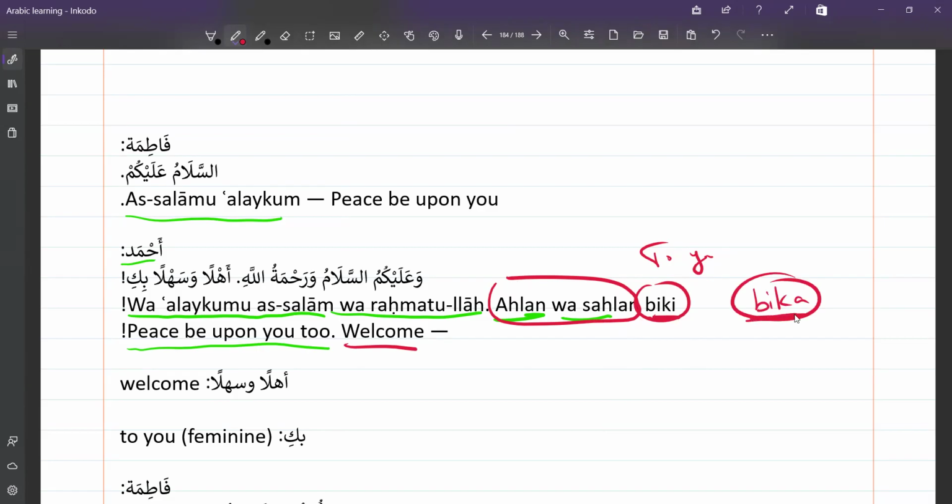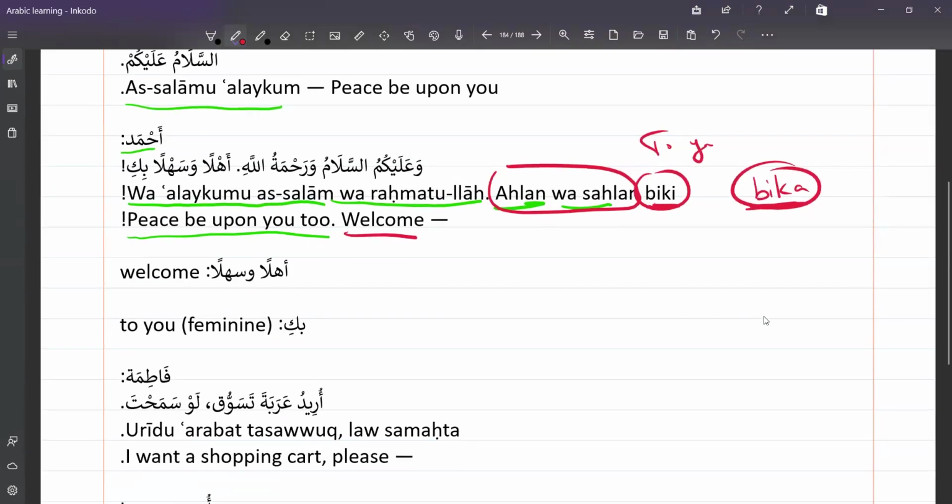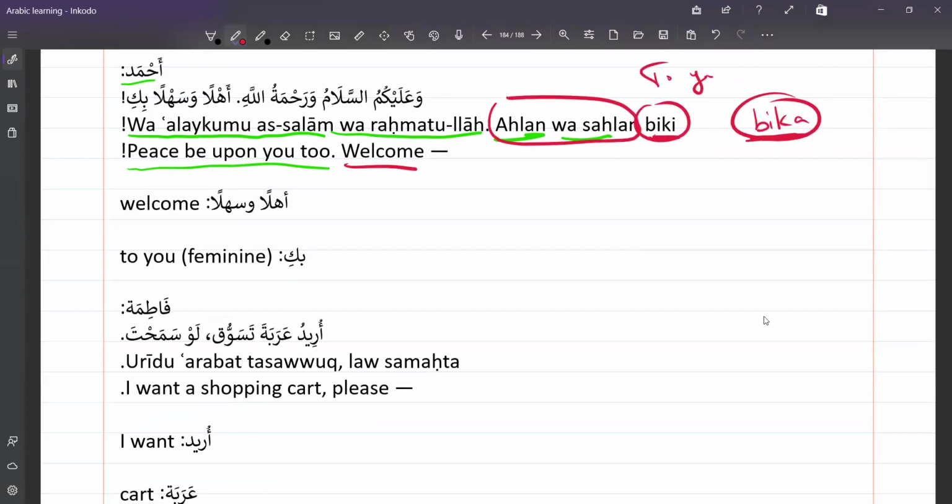Bika is used for a male, and biki is used for a female, right? So Ahlan wa sahlan biki means welcome to you, feminine, and Ahlan wa sahlan bika means welcome to you, to a male.